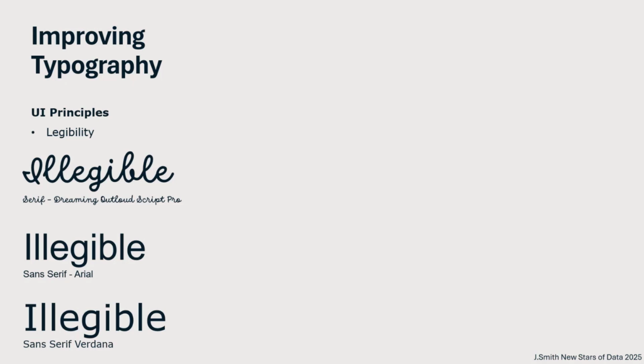If you look at the one in the middle, that's the font Arial, capital I and lowercase l look very similar. On the other hand, we have Verdana, the example on the bottom, where capital I and lowercase l are very easy to distinguish, so you don't have that confusion. So even within sans serif fonts, we have to look into those details.